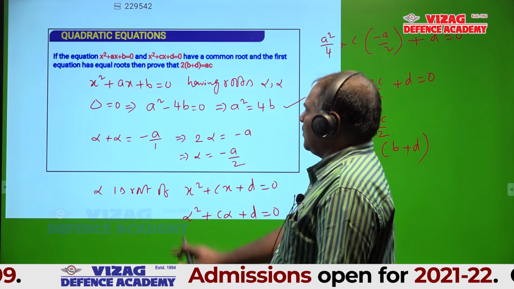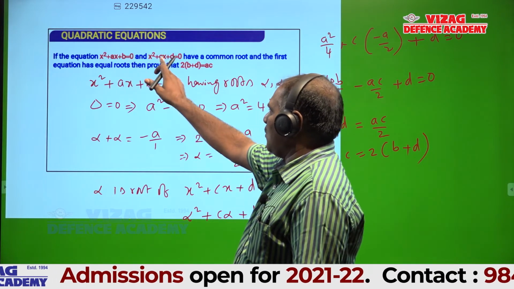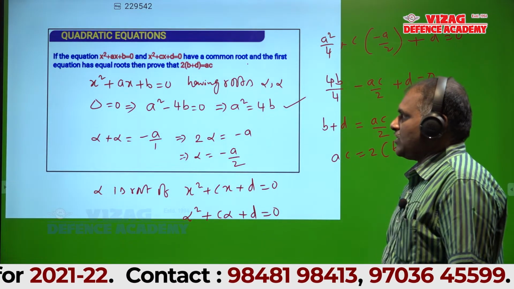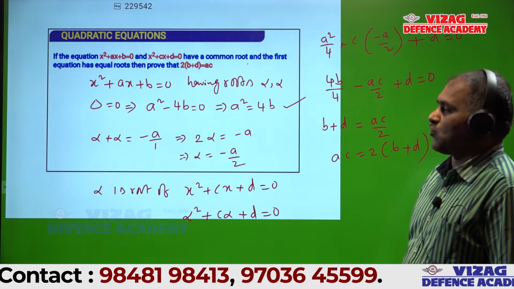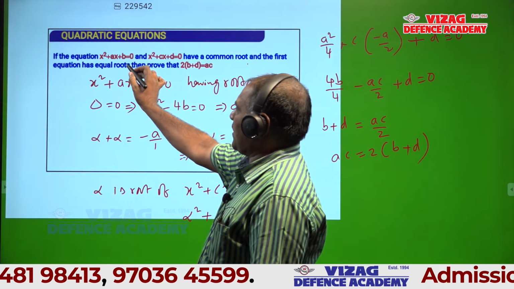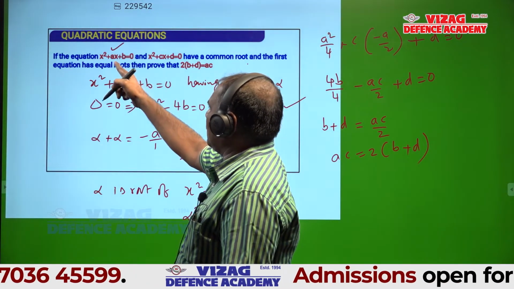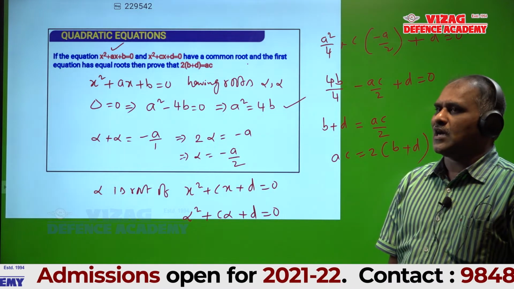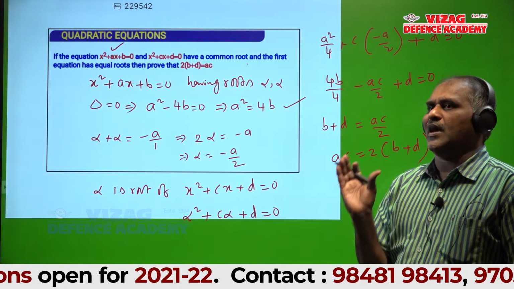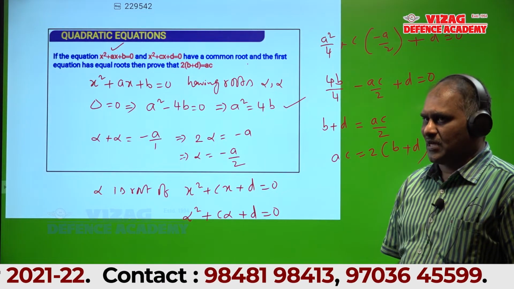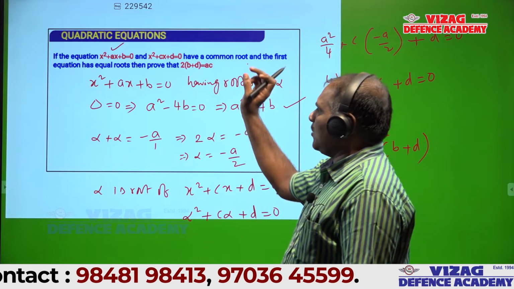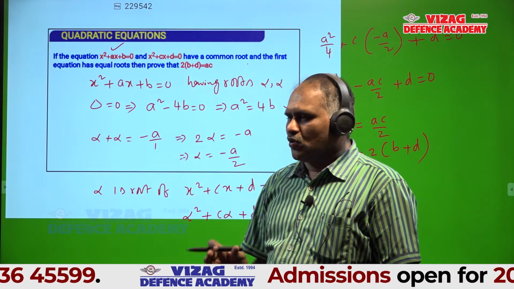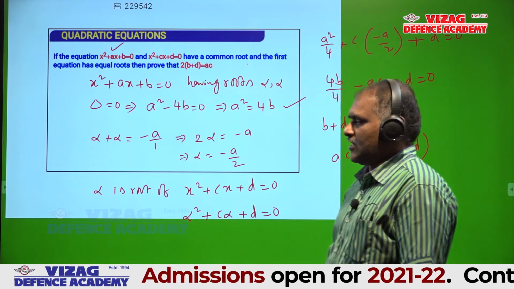Here, listen. Two equations have a common root, and the first equation has equal roots. What does common root mean? I already explained in the previous class. If any root satisfies the first equation, it also satisfies the second equation.